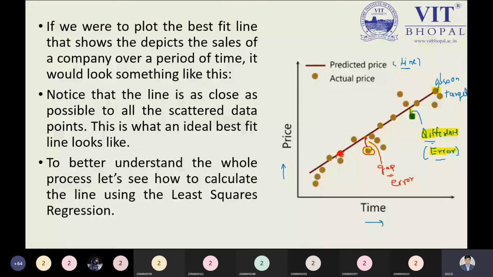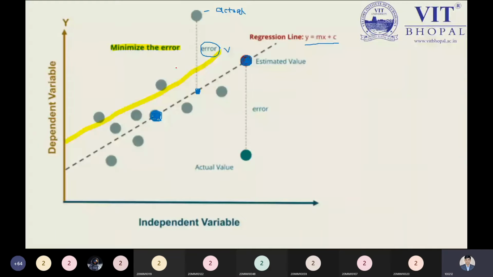See, this is the diagram which contains all the information properly. This dotted line is known as our predicted line, and it is generated by the y equal to mx plus c equation, the regression line. What is the y? This is the y, and we can get the y value based on our input x. This is our x.